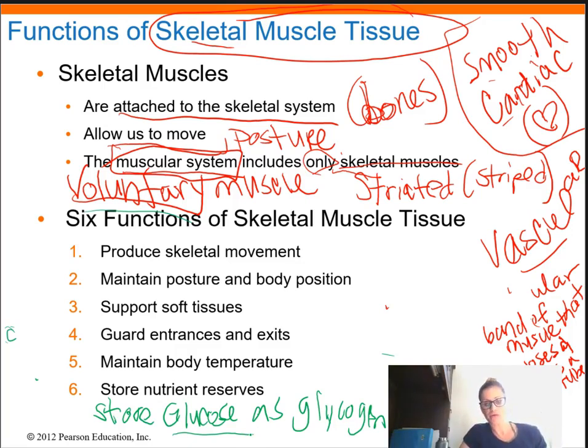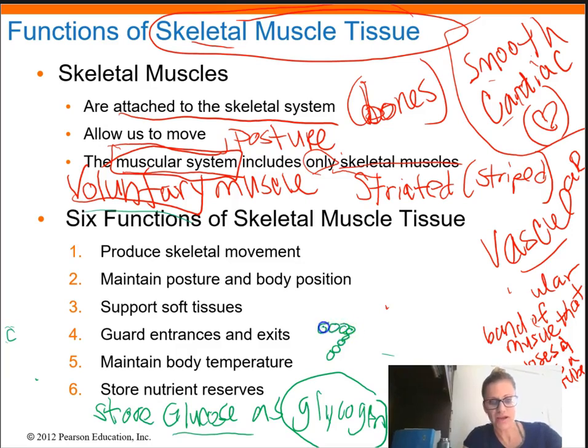And the way that we store it, or kind of put it in the bank, is by converting it to a really large molecule called glycogen. So glycogen is a bunch of glucose together. So it's like glucose, glucose, glucose, glucose, right? And we put a ton of glucose and we connect them all to each other. And then we store that glycogen in the muscle and in the liver. So inside our skeletal muscles, we store glucose as glycogen.